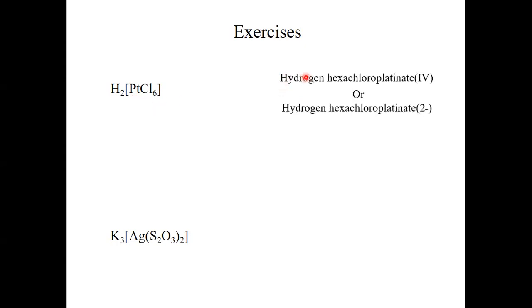That's correct. So in the Stock system, what would be the Roman numeral for the oxidation number? 4. 4, correct. In the Ewens-Bassett system, what would be the negative charge at the anion? -2. -2, correct. So this is hydrogen hexachloroplatinate(IV) or hydrogen hexachloroplatinate(2-).